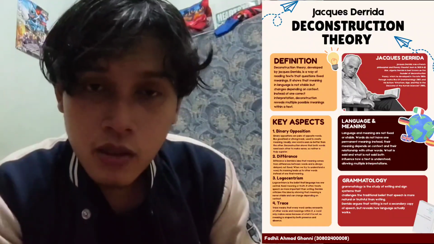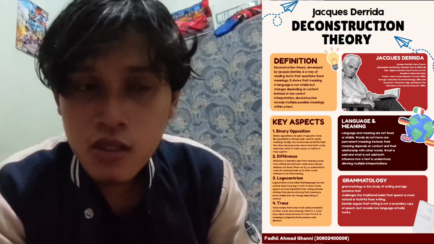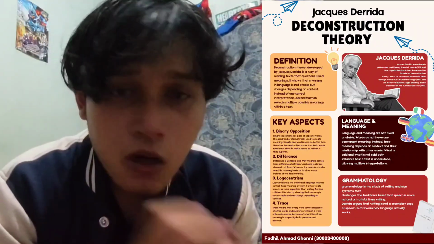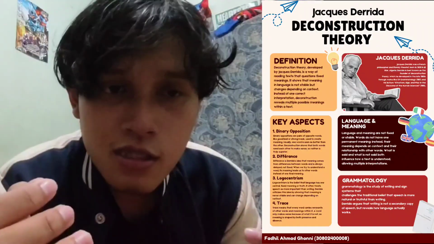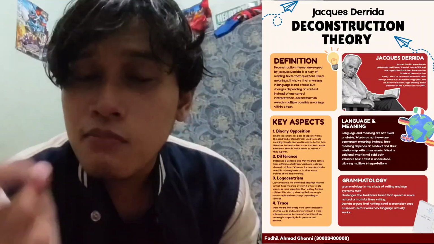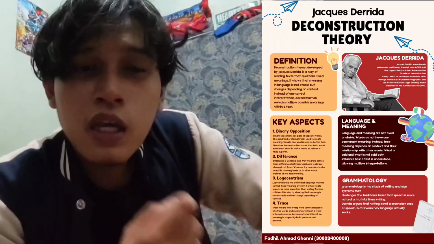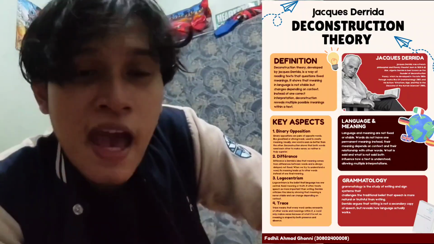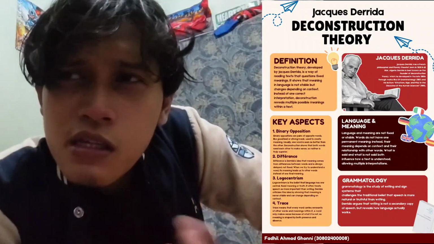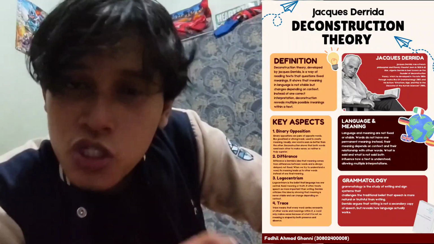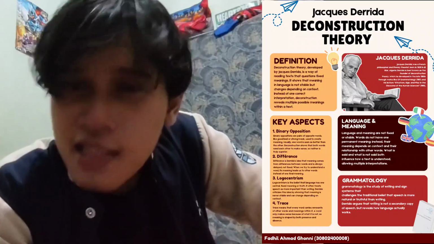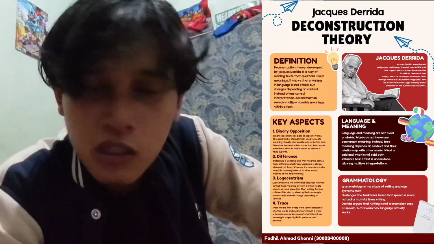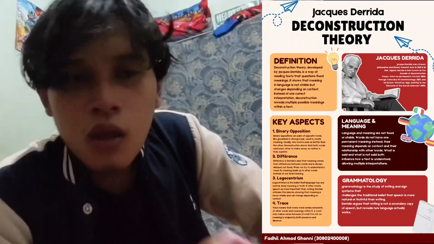As I said earlier, language is not fixed. But what does that mean? We're going to talk about language and meaning. Language and meaning are not fixed or stable. Words do not have one permanent or true meaning. Instead, their meaning depends on the context they are used in and their relationship with other words. What is said and what is not said both influence how a text is understood, allowing multiple interpretations.